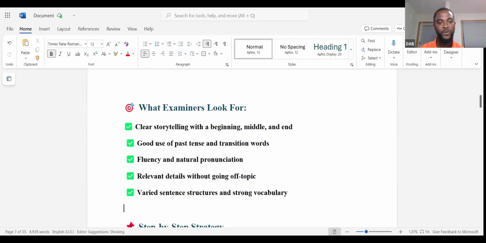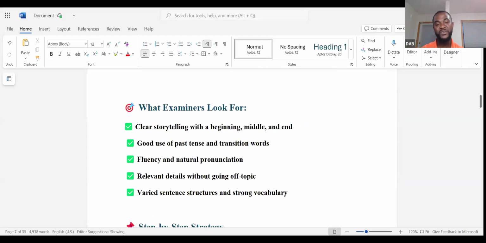What the examiners are looking for is clear storytelling with a beginning, middle, and end. Don't turn your story upside down. Let us know the introduction, the main body of your story, and then the end of it. Also, use good past tense and transition words.